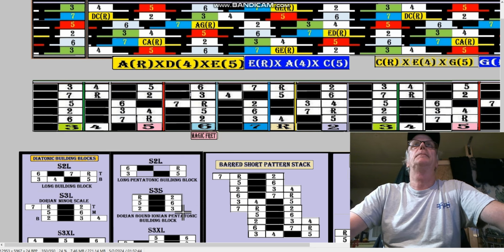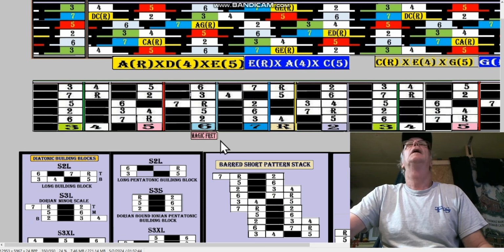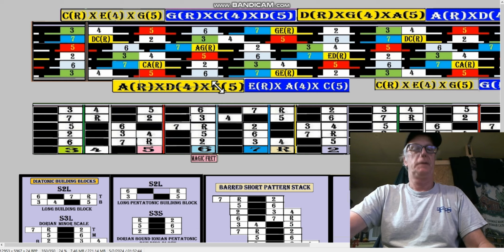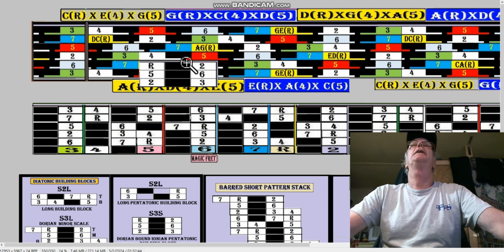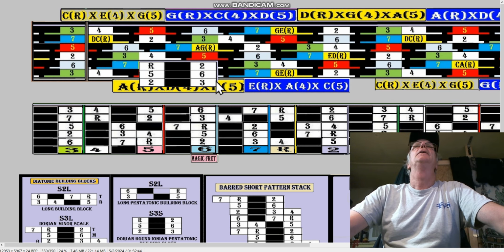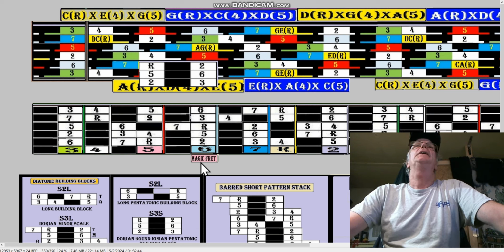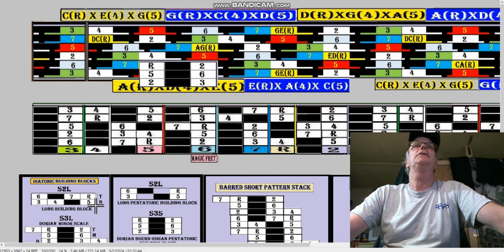But remember, that S3S is only going to be the top of one of them. There's a part of that pattern that's no string, no play. Alright, that's our S3L. And it's important to fit these patterns in your mind.